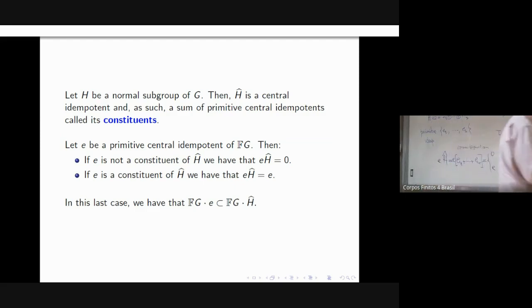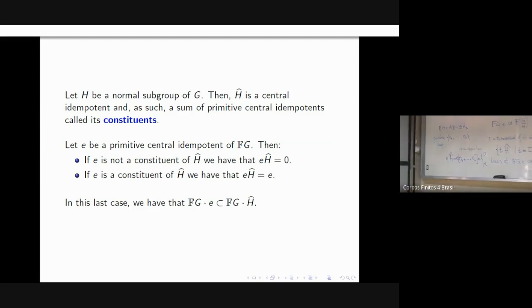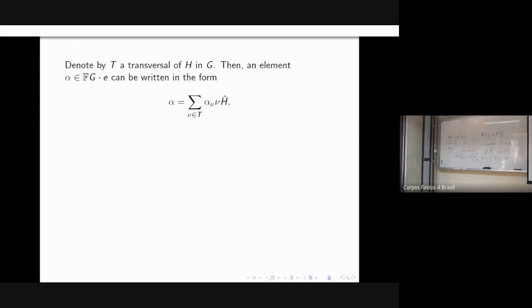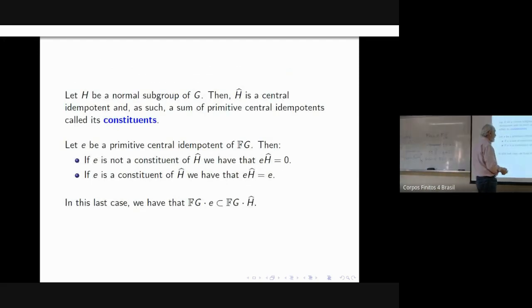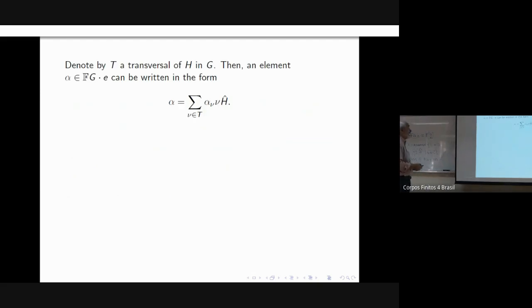And when this happens, clearly the ideal generated by the primitive idempotent is included in here. Now, any element of this ideal is a linear combination of the bases.